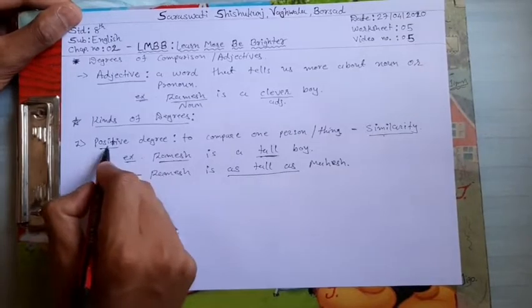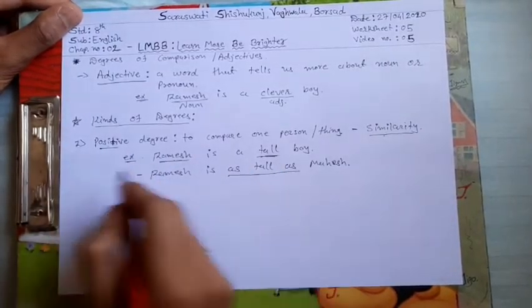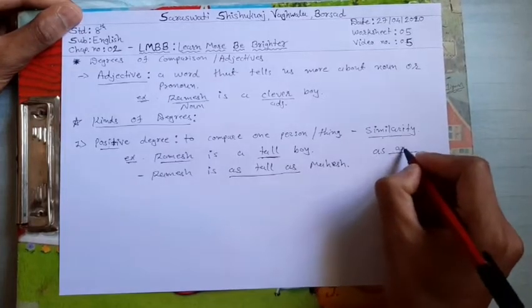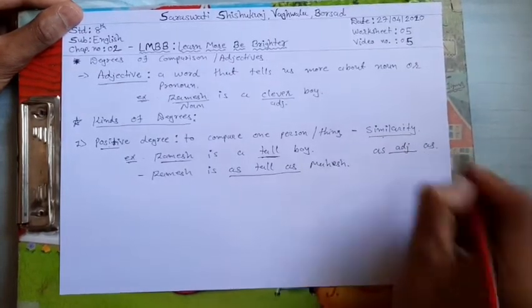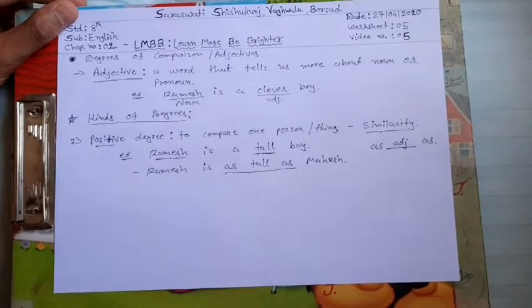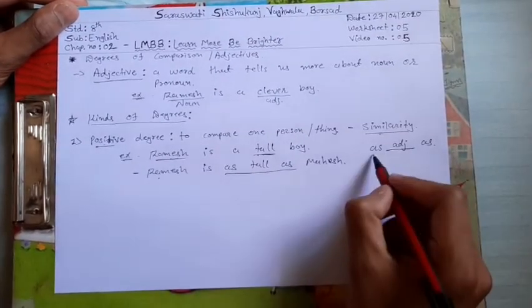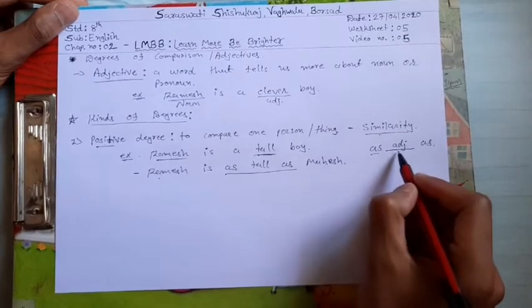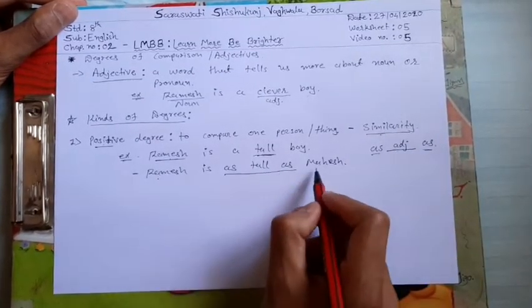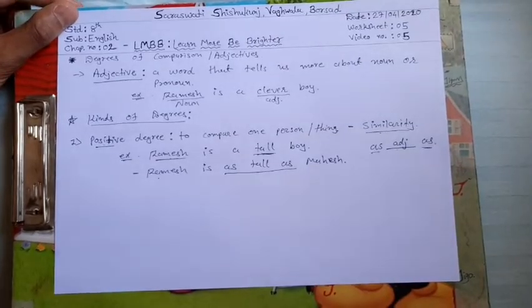In the positive degree, the formula of an adjective is as, adjective, as. So Ramesh is as tall as Mahesh. What is the meaning of this sentence?